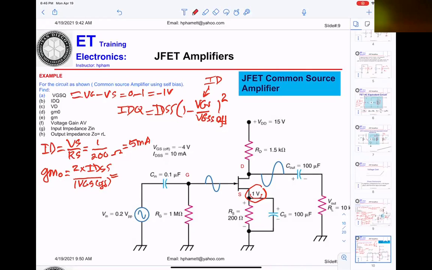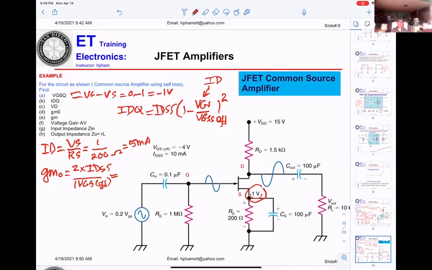Hey, Mr. Pham, I think I see what he's saying. If you use that equation and crunch the numbers, you'll get 5.625 milliamps. But the source is 1 volt, so if you take the source 1 volt and divide it by 200, you just get 5. So there's a little bit of difference between 5 milliamps and 5.625 milliamps.